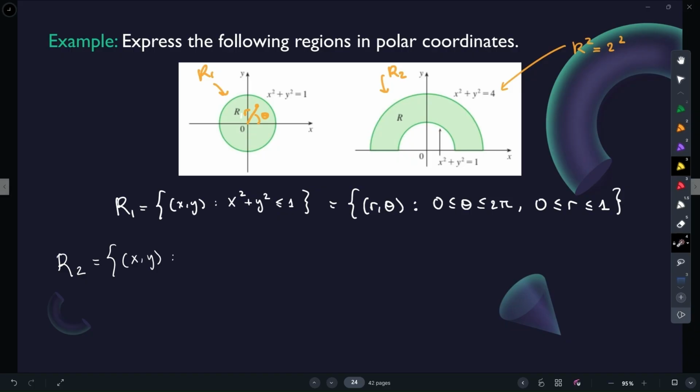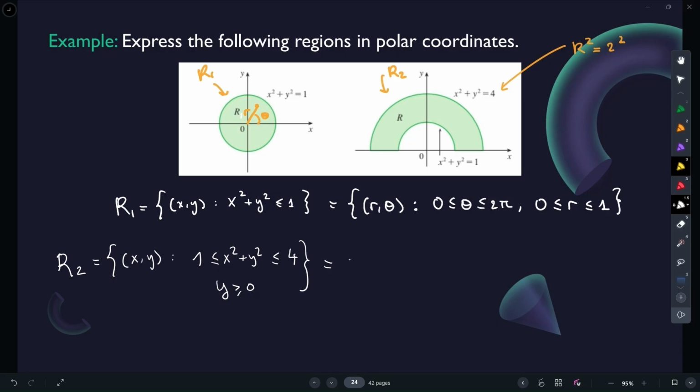So it's between a circle of radius 1 and a circle of radius 2, but also such that the y coordinate is positive. Okay. So first of all, we need it to be between the two circles. So x squared plus y squared has to be between 1 and 4, and the y coordinate has to be positive. Okay, so that describes that region.